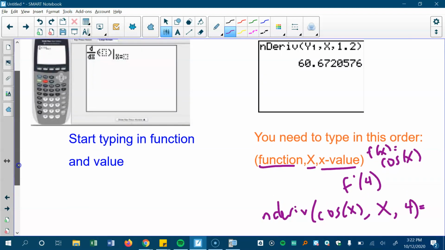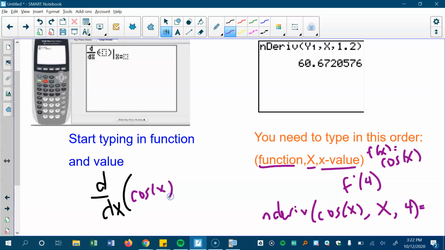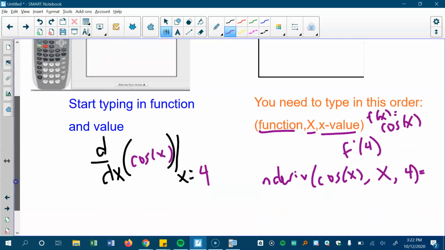In this calculator, the calculator would have already given you this part, which is d dx, and they just want to know what the derivative of. You would put in cosine of x and close the parentheses, and then it gave you this line, and it's telling you that they want to know what to evaluate it at, and you would say at x equals 4. So these are the two differences in how you would enter derivatives on two different types of calculators.